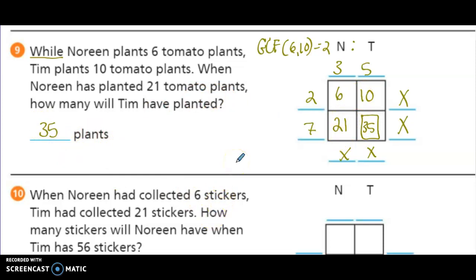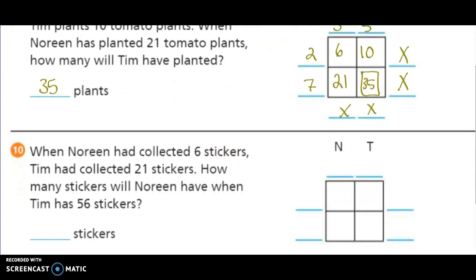When Noreen has collected 6 stickers, so the biggest thing is setting up the table, because it does matter. You can't just put the 3 numbers in any 3 squares. It won't work. You have to set them up accordingly. So this is probably the most important step, identifying the titles of your columns.